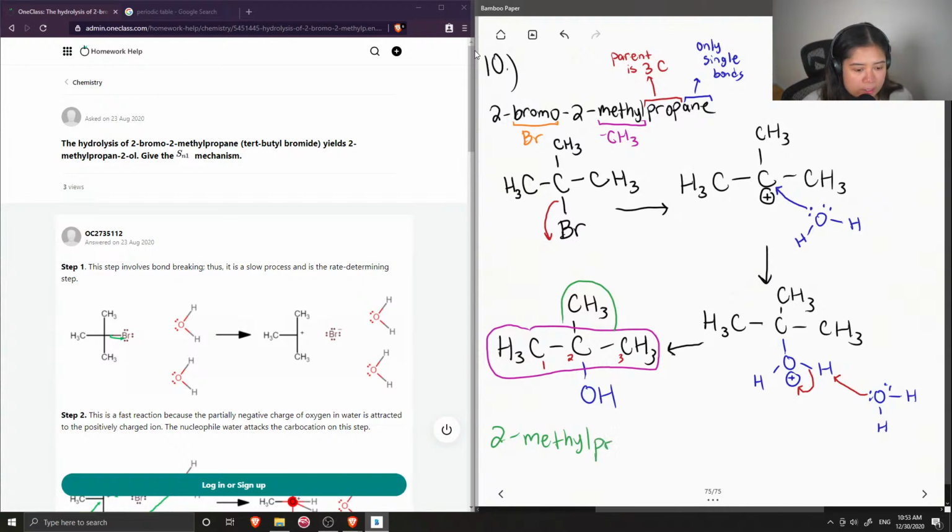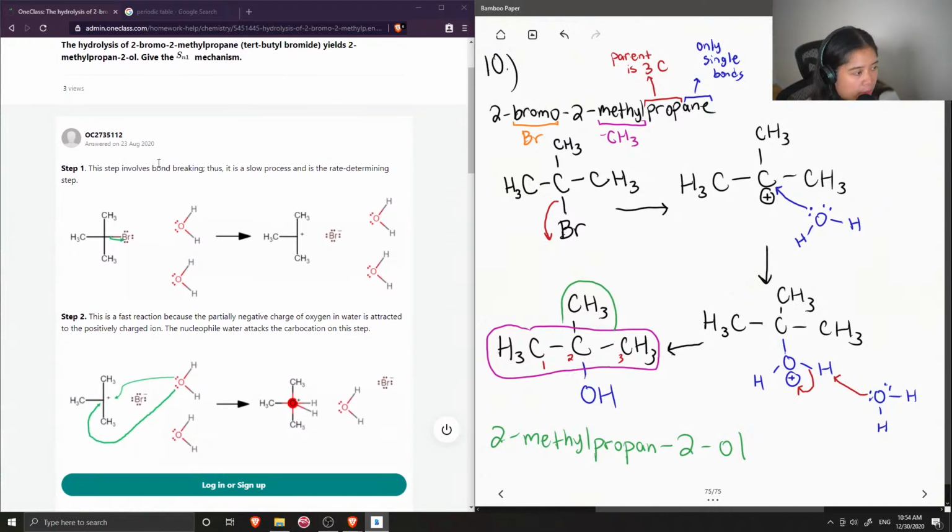So I just need to name the parent, so propan. And then on carbon 2 is our alcohol, so 2-ol. And then let's look at the question. So this yields a 2-methylpropan-2-ol. So we know that we did the mechanism correctly.